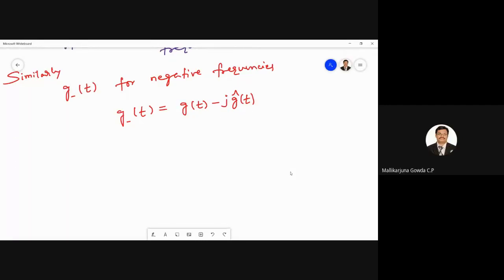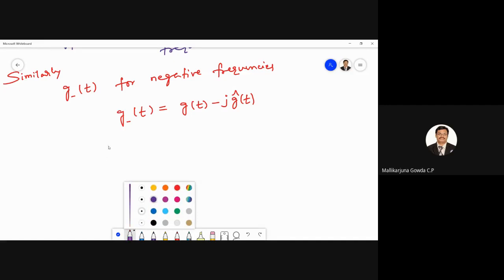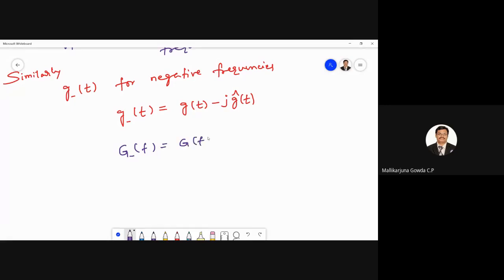Okay, so let me write. By taking the Fourier transform, what I can write for g minus of t will be g minus of f, which is equal to g of f minus j times the Fourier transform of g cap of t, which will be minus j sgn of f into g of f.